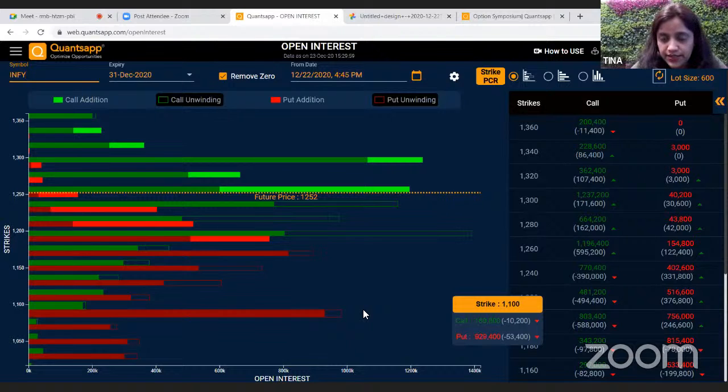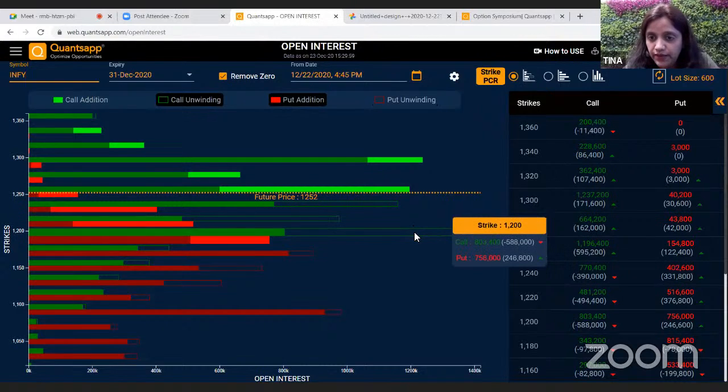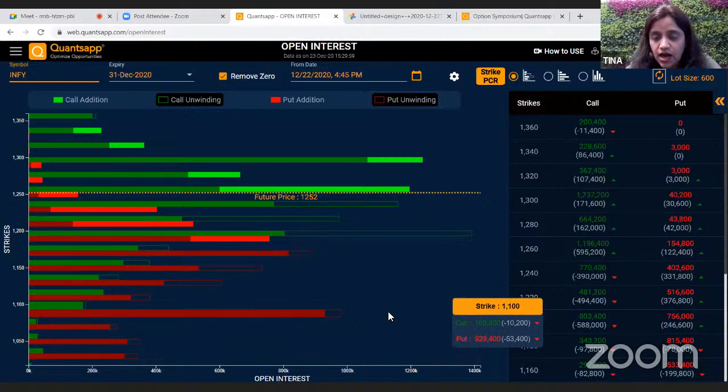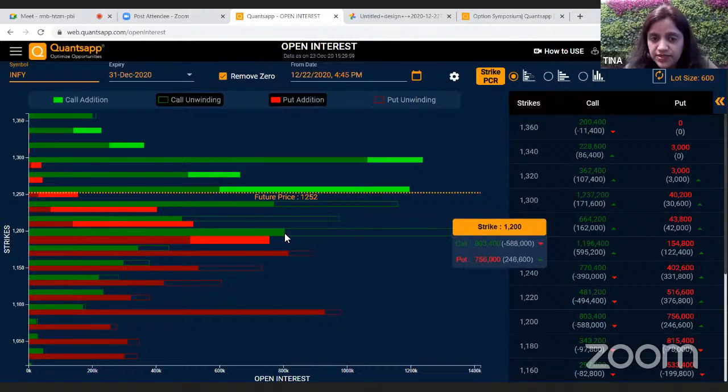We can see the entire totality if you see the green, shaded and non-shaded part. You see how the size of the bar was, and today it is nearly coming to half. That shows that the call writers were feeling very fearful. You see how the shedding took place, and we are left with just 8 lakh shares of OI.